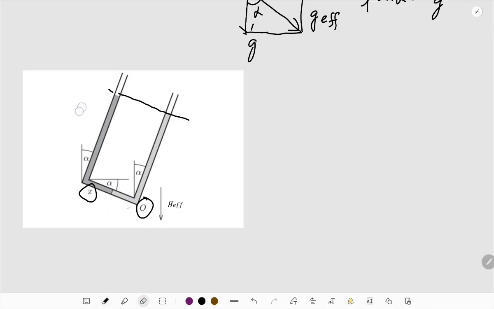So you can say that here, the x length has been put, x length has transferred to this limb. The remaining length will be 0.2 minus x meter, and this length is x and this point is O, I can see.